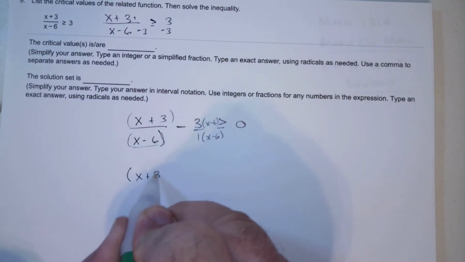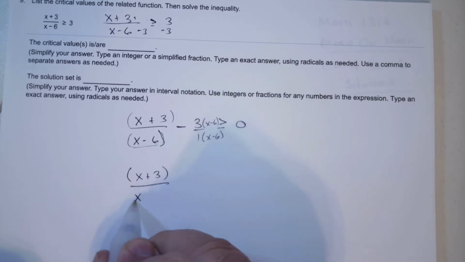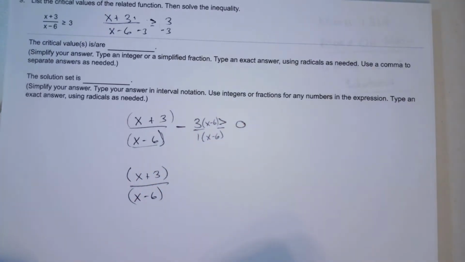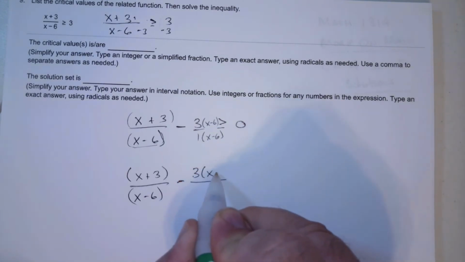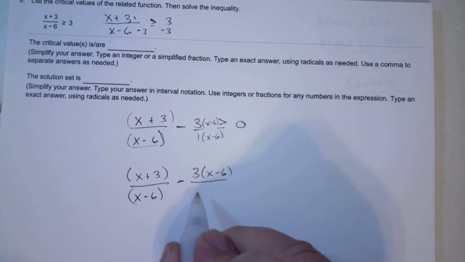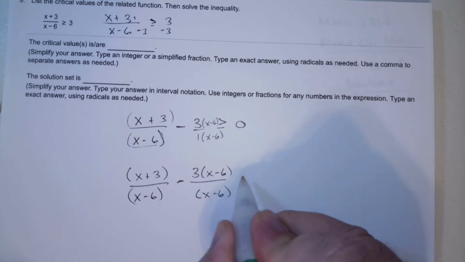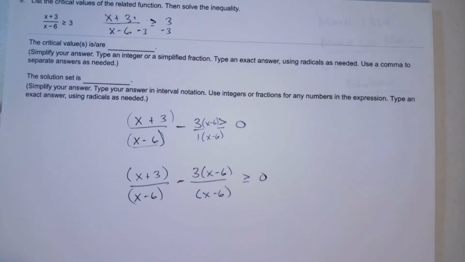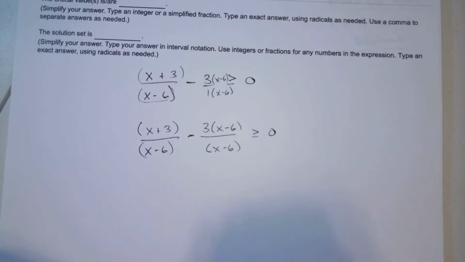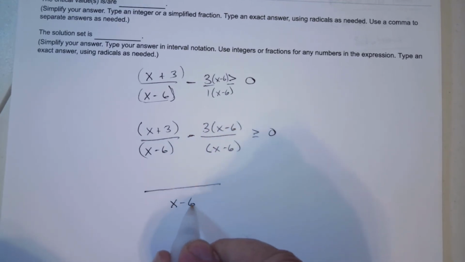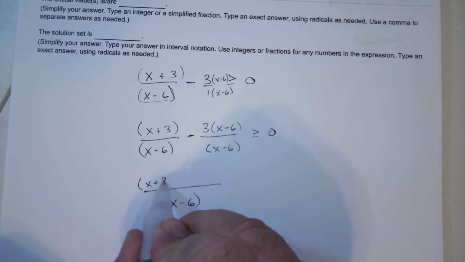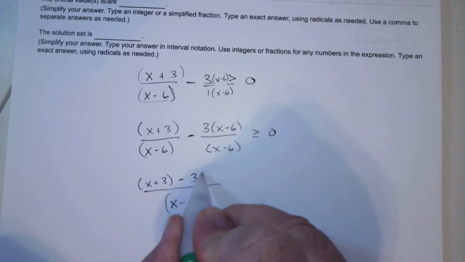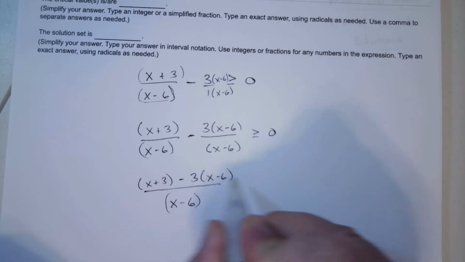So x plus 3 over x minus 6 minus 3 times x minus 6 over x minus 6. Since I have a common denominator, I just worry about the top. X plus 3 minus 3 times x minus 6.